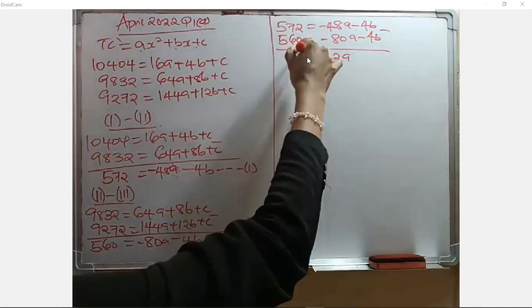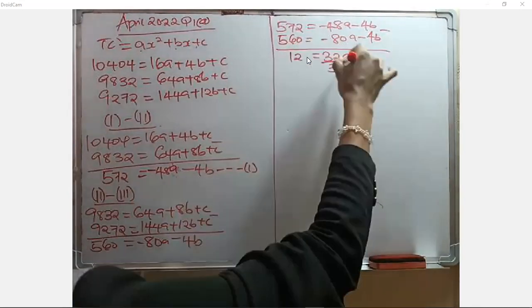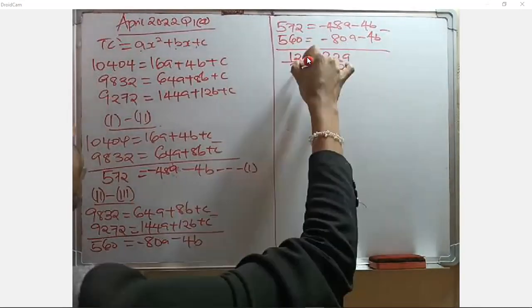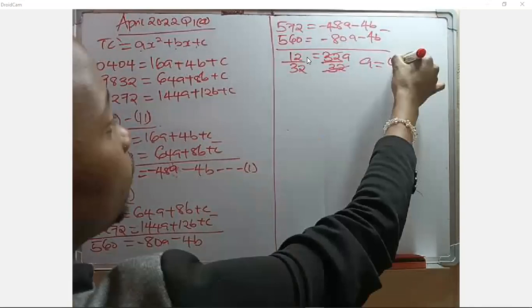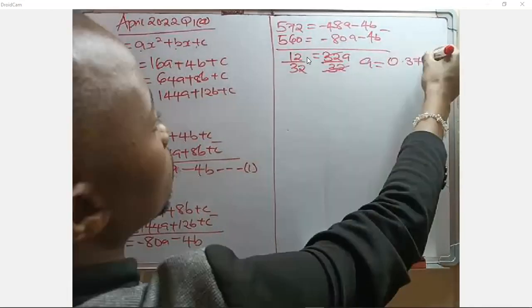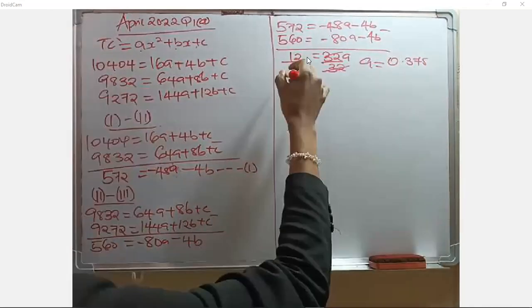Divide both sides by 32, so my A should be equal to 0.375.